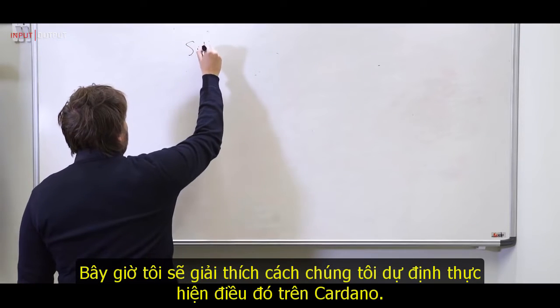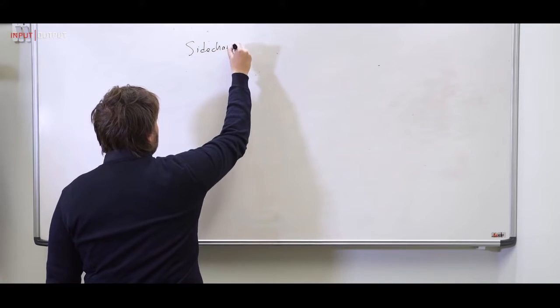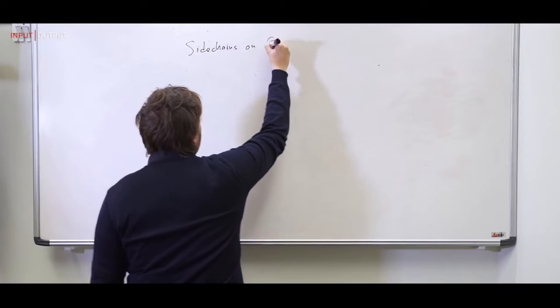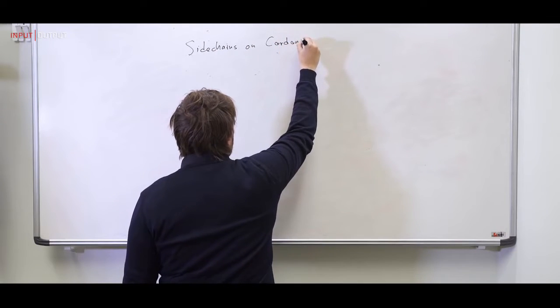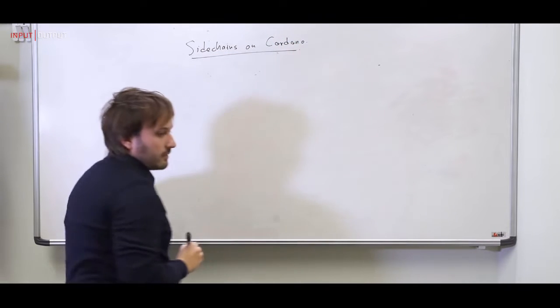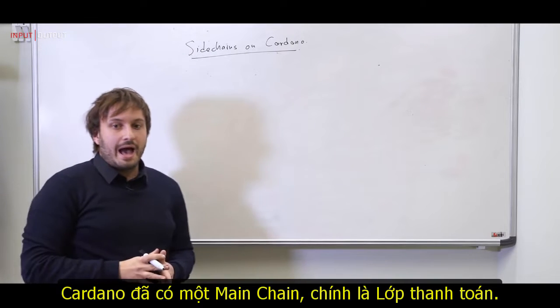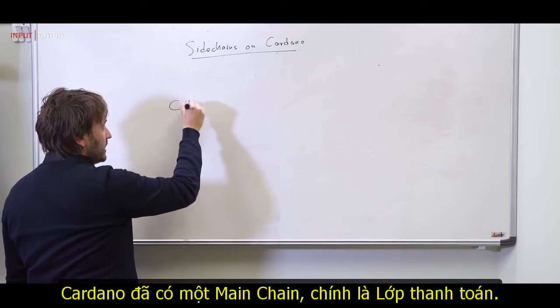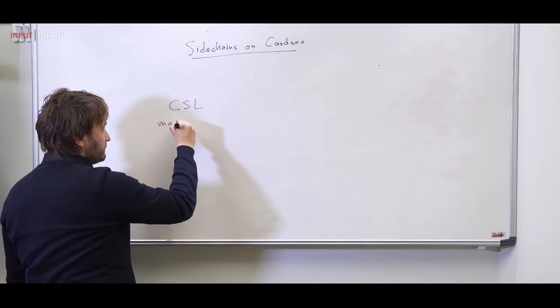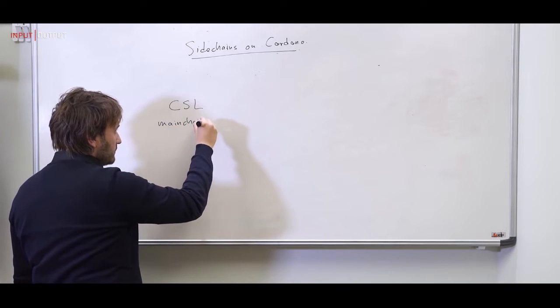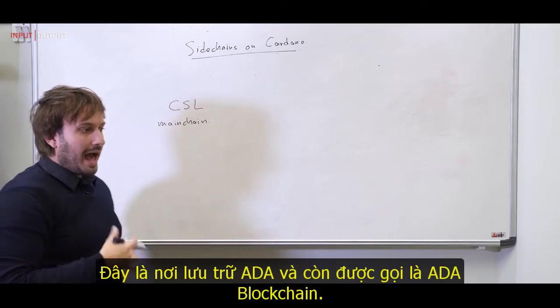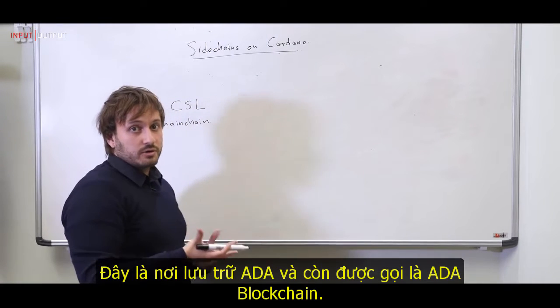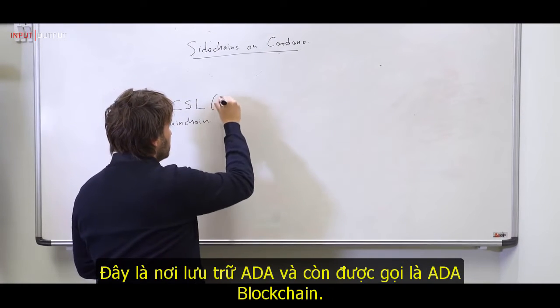So, sidechains on Cardano. Cardano already has one main chain, the Cardano settlement layer main chain. This is where ADA lives, the cryptocurrency of Cardano.